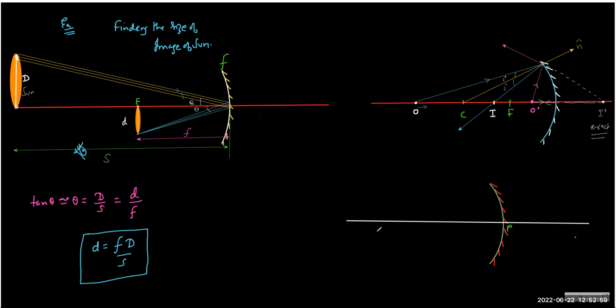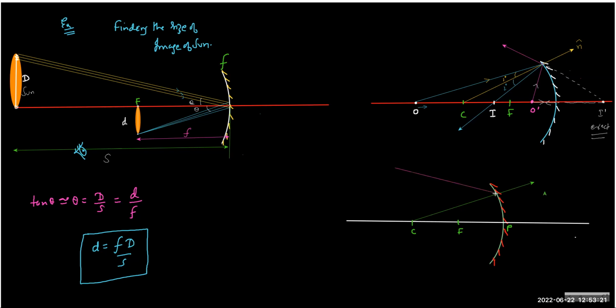Okay. So we'll take the one special case: if the incident ray itself is converging. Am I audible, guys? Yes, sir. So what if the incident ray itself is converging?